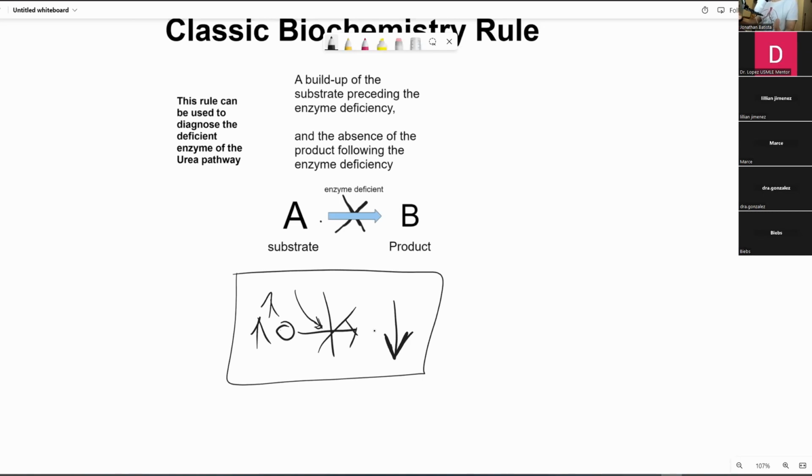Learn this rule, because you're going to see that this can be manipulated. This rule also includes the fact that if I have increased product, I decrease the incentive to make more. And this is where I see a lot of people fail on questions, because they'll ask about a certain type of substrate that will inhibit glycolysis, for example.